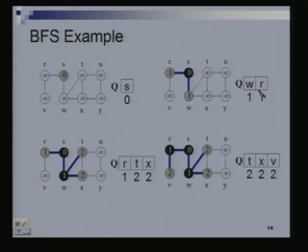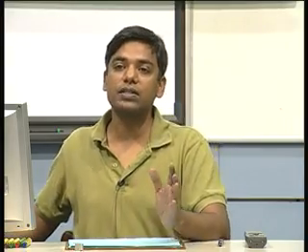All the vertices which are in the queue will have a color of gray. In some sense, the gray vertices are the vertices which have been discovered till now, but I have not gone beyond them. Gray signifies that. Black means that I have also gone beyond those vertices, and white means undiscovered, I have not reached those vertices at all.